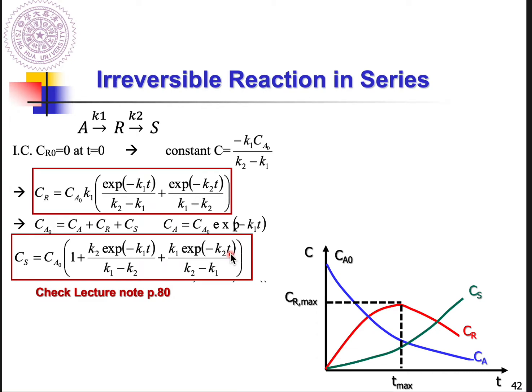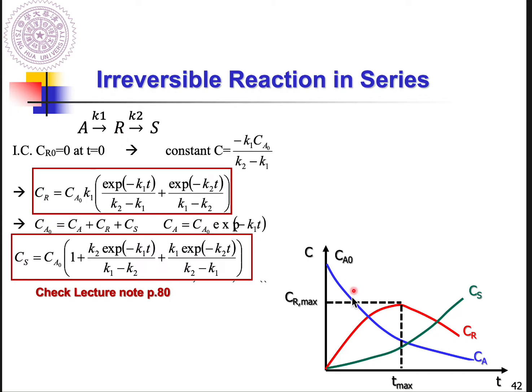So yes, doing your experiments, you can also measure the concentration as a function of time to get the curves. For example, this blue curve is Ca. Before the reaction happens, Ca equals Ca0, then it will obey the exponential decay, exponential minus k1t. And R, yes, you got this R, right?